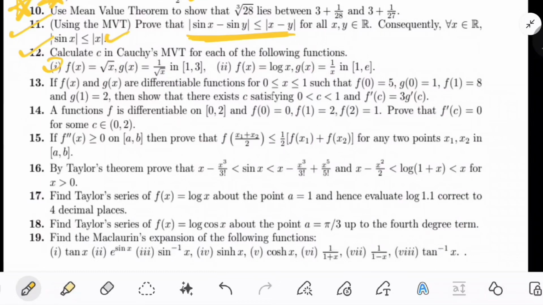The question is, let's see the 16th one, right? 16th, by Taylor's theorem, prove that this thing. We will just see the half part. This thing. Or this is a bit simpler, you can do it on your own.